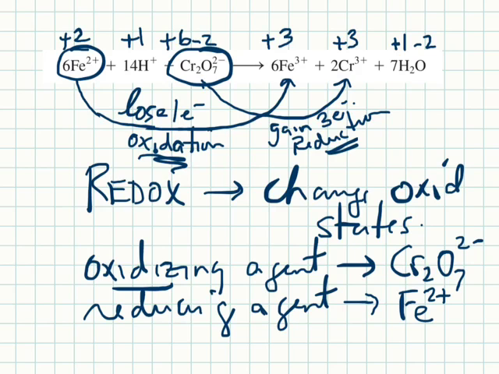So Fe2+, the thing that gets oxidized is your reducing agent. The thing that gets reduced is your oxidizing agent. So once you've identified what's being oxidized, then you know right away that that substance is the reducing agent. When you identify what's being reduced, you've also identified the oxidizing agent. Alright, so those are more key vocabulary terms in this unit on electrochemistry.